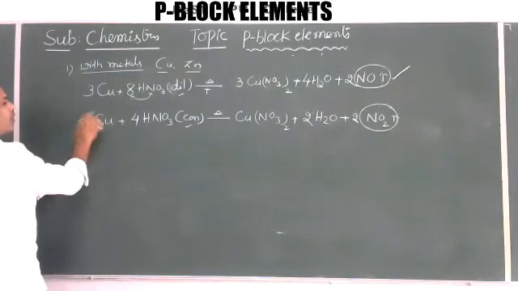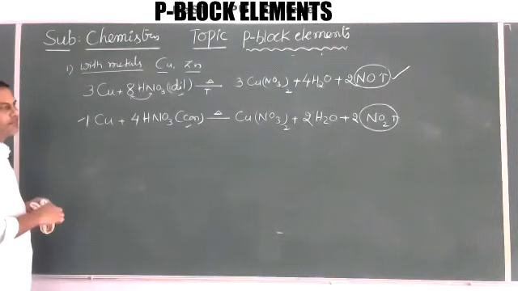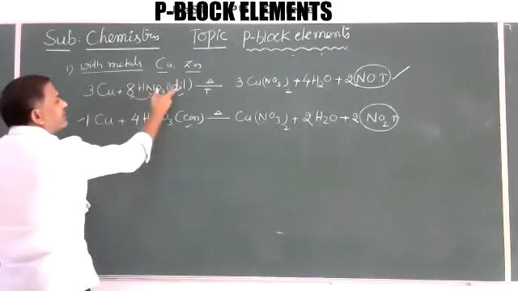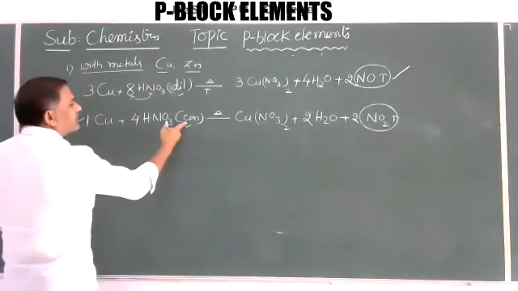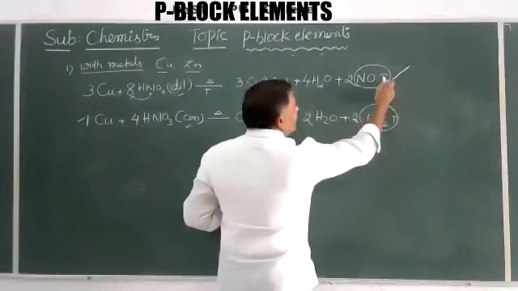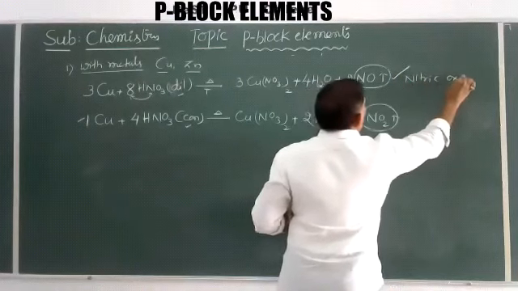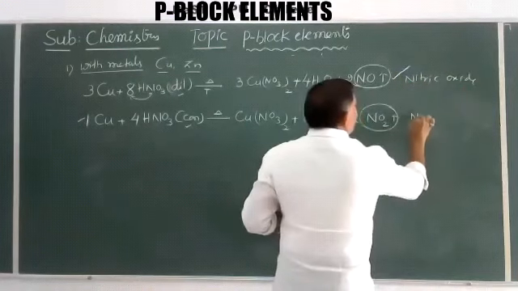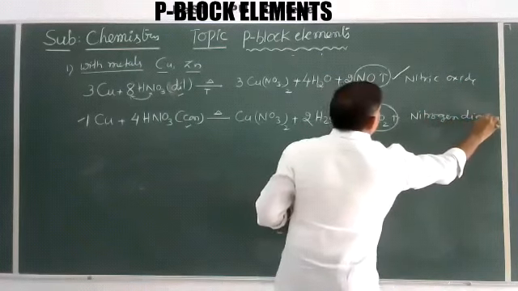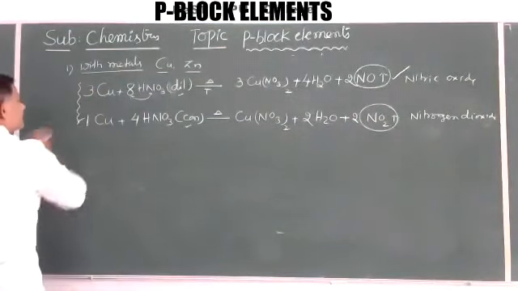Now the 1 and 10 conditions, and 3 and 8. Here copper is reacted with dilute and also with concentrated. In dilute condition we get nitric oxide, but here nitrogen dioxide.